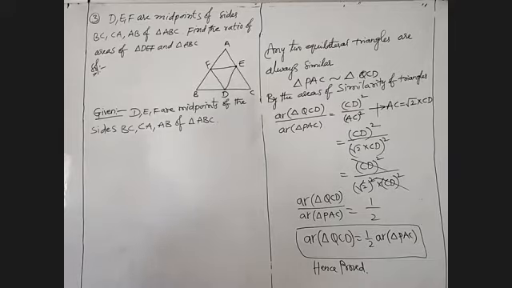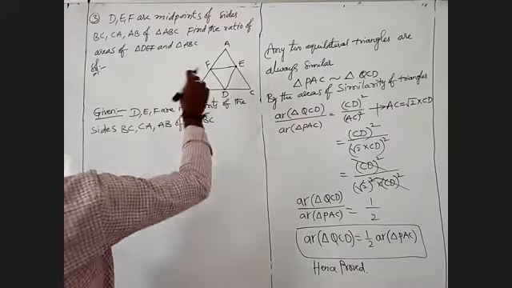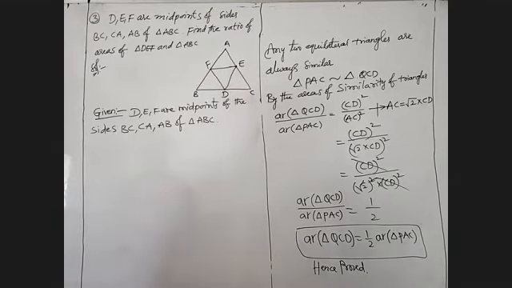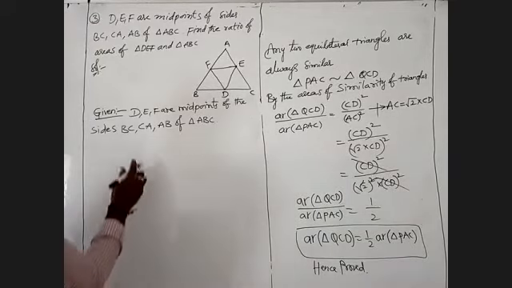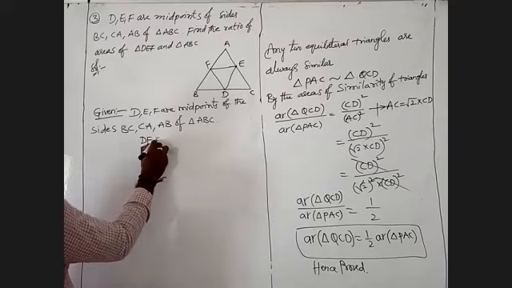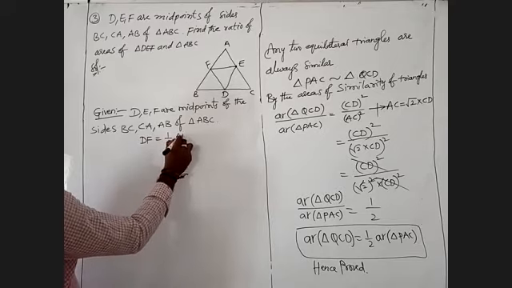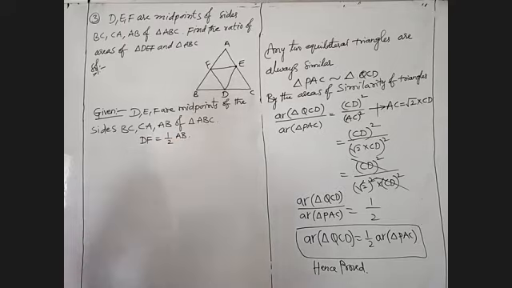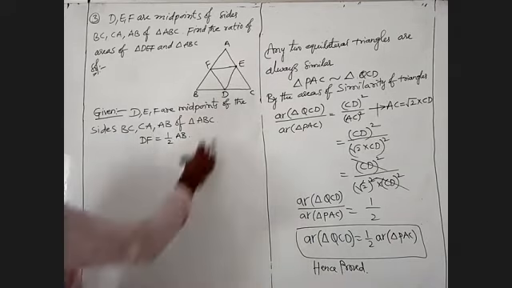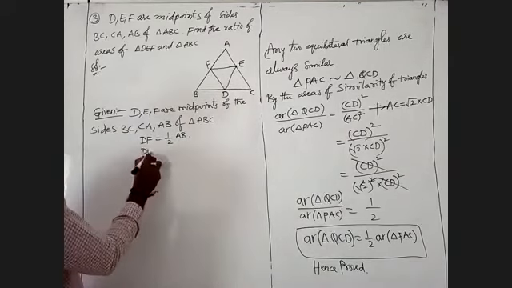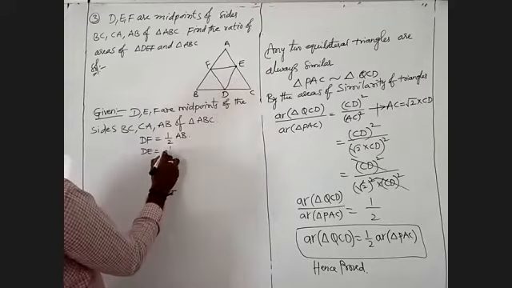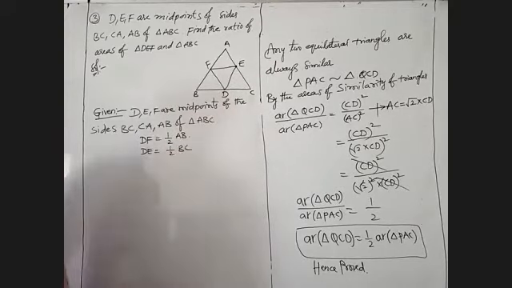That means here we will observe DF is nothing but 1 by 2 of AB, right? Also, I have to take one more. DE is nothing but half BC, right?